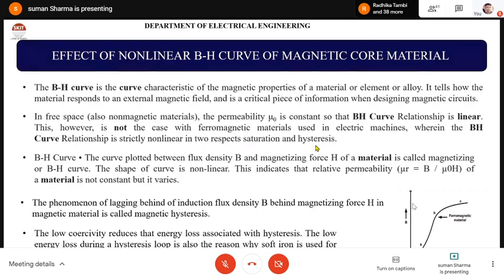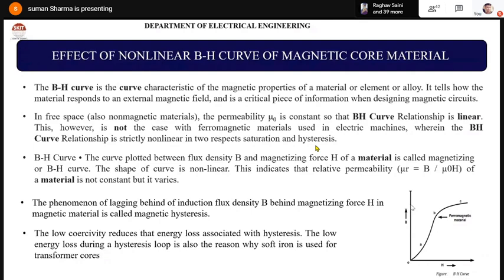This is called residual magnetism. To make this residual magnetism 0, you will go for negative H, that is H in the opposite direction. At a particular value of minus H, your B will become 0. So this value of H is called the coercive force.